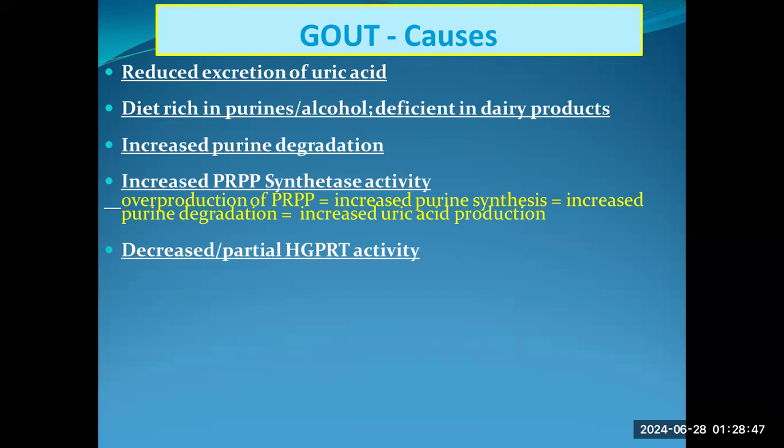Another reason for gout is decreased or partial activity of hypoxanthine guanine phosphoribosyl transferase. That is, deficiency of HGPRT leads to increased hypoxanthine and guanine.